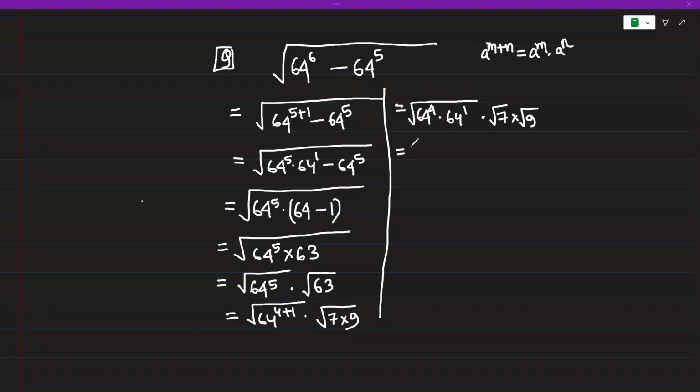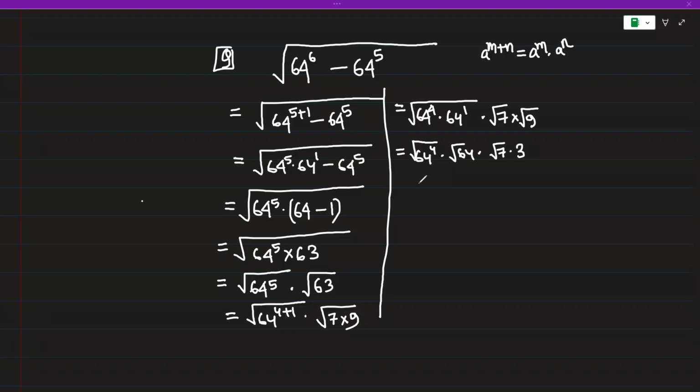If we use the same property again, we can write 64^4 times square root of 64 times square root of 7 times square root of 9, which equals 3.